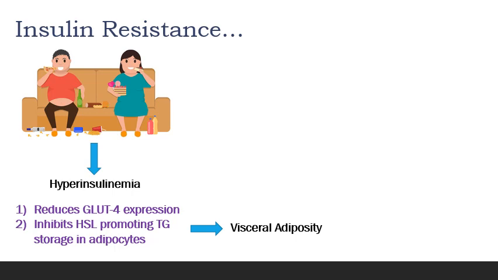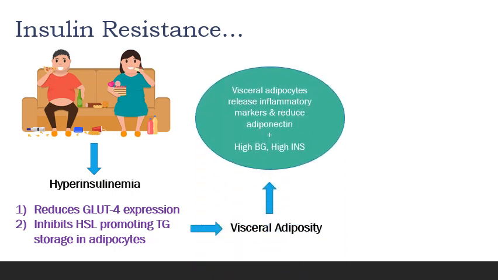These visceral adipocytes have a mind of their own, though. They used to be thought of as inert, but they secretly do bad things. These adipocytes release inflammatory markers into the bloodstream, and they also reduce their release of adiponectin, which is something you want.